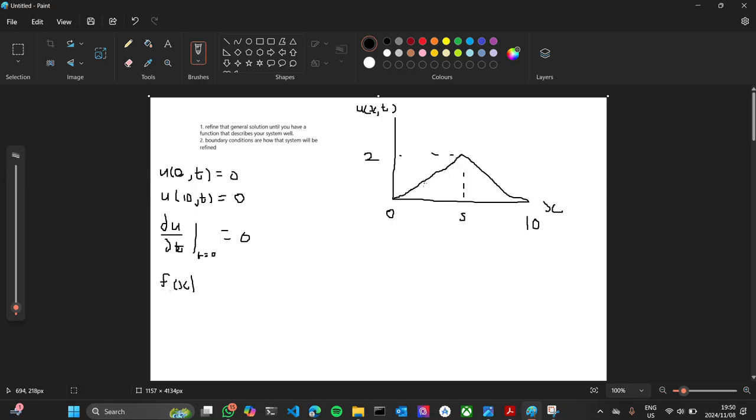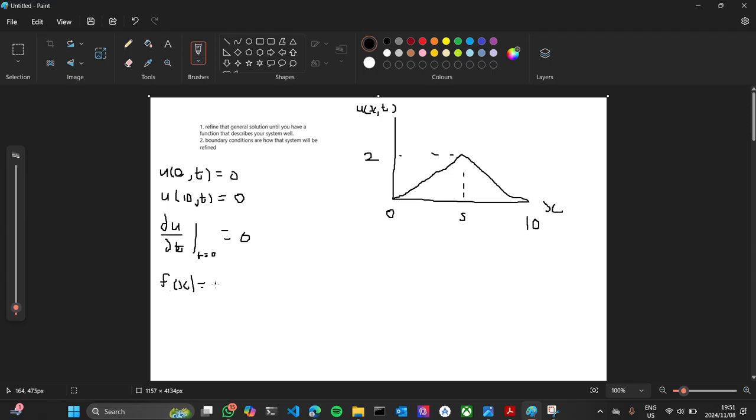You have to describe it with two and specify that each part of the line is between these specific ranges, and you'll see how that plays into effect when we have to use these later to find one of our constants.